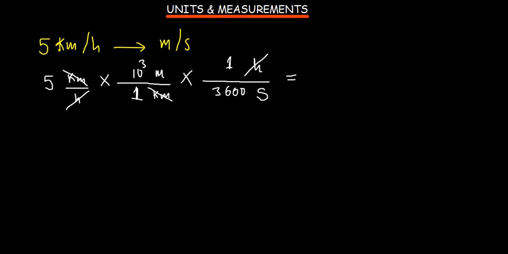So this is going to be 5 times 10 to the power 3, which is 1000, over 3600 in the denominator. Remember, on top we have got meter, in the denominator we have got a second, meters per second. Two zeros can cancel with these two zeros, and then you can simply say 5 times 10, that's 50. 50 over 36, you punch in the calculator, that will give you the actual number.